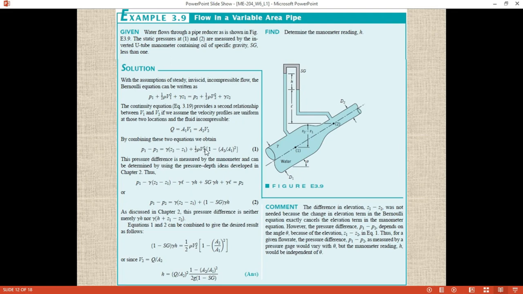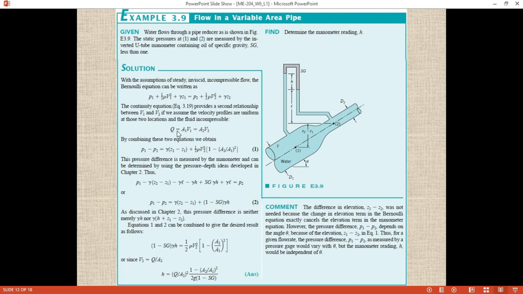Initially we took the pressure to one side and the Z and the velocity to the other side. We convert the velocity into the form of area, because velocity is not known but the area is known. The areas are known, A1 and A2, and the diameters are known, small d and capital D, D1 and D2.